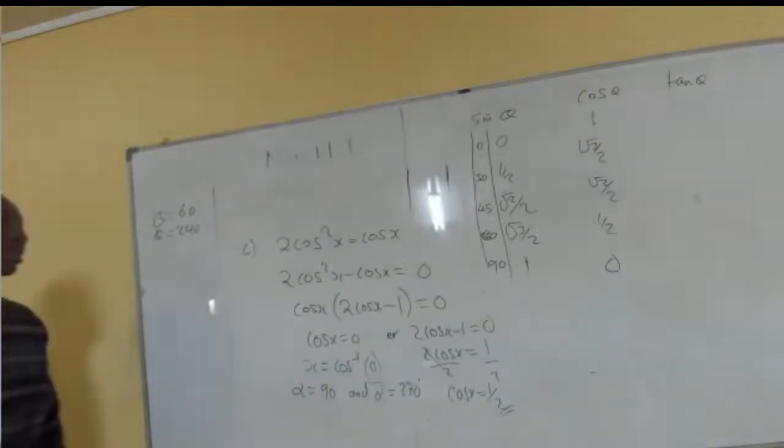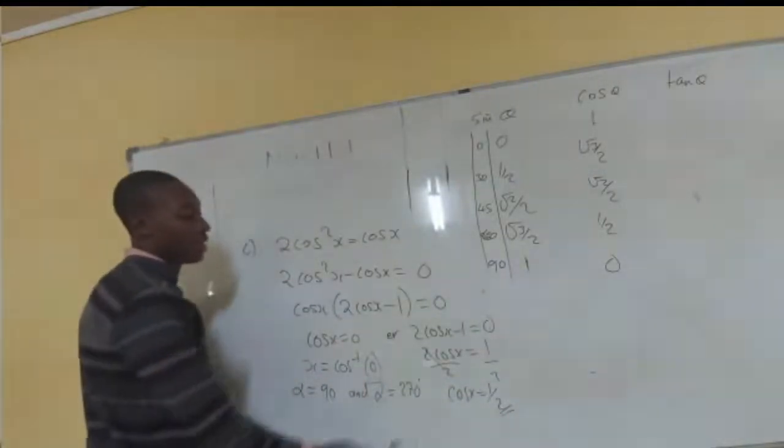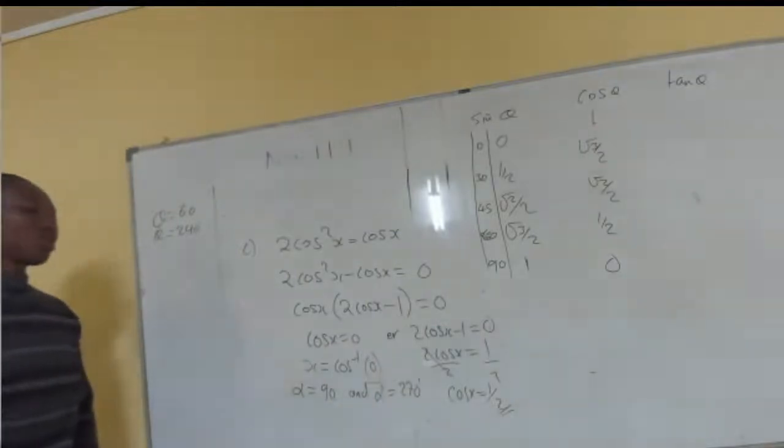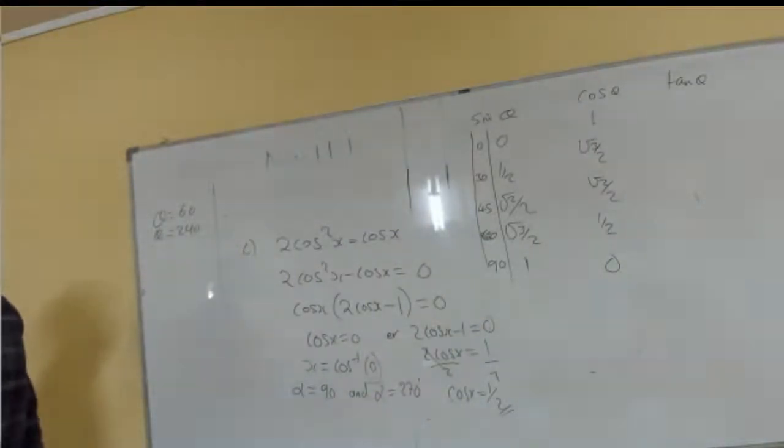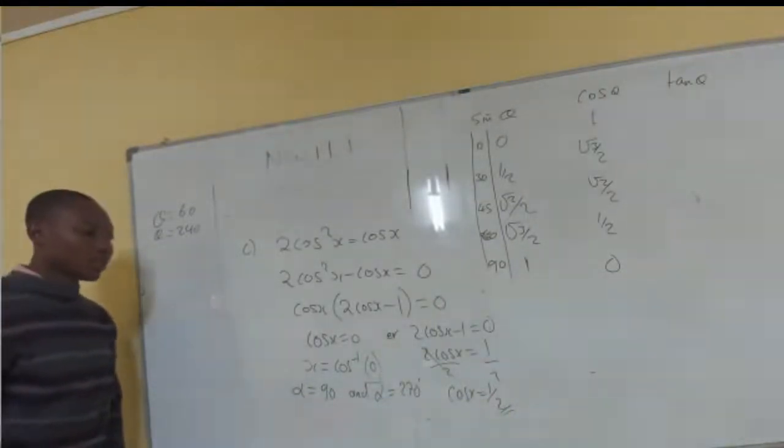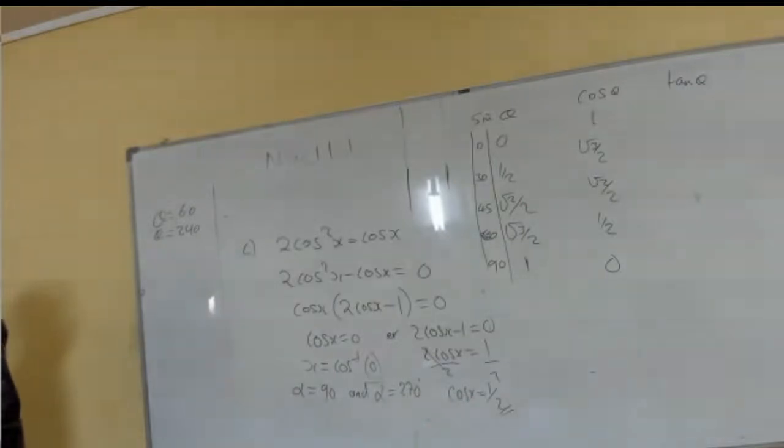If you subtract 90 from 360, you get back to 270. So this is basically what you are going to have.